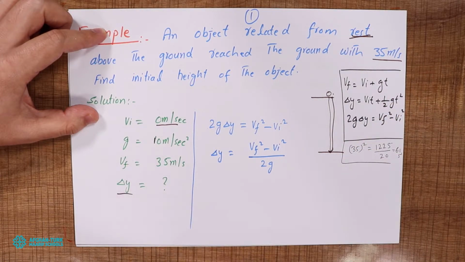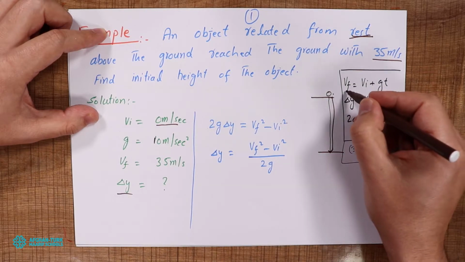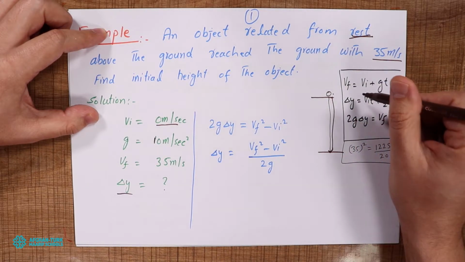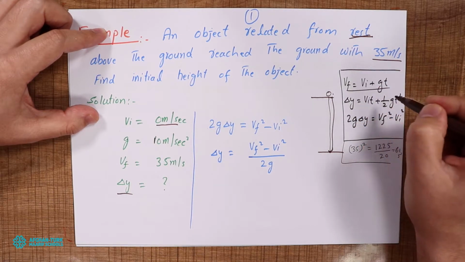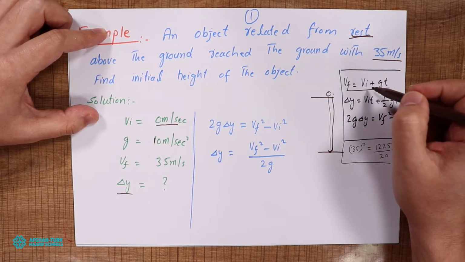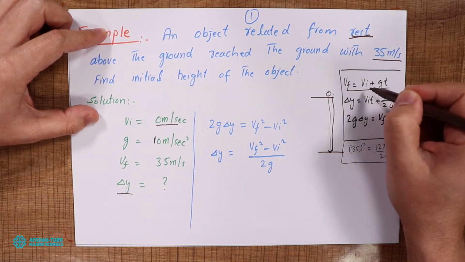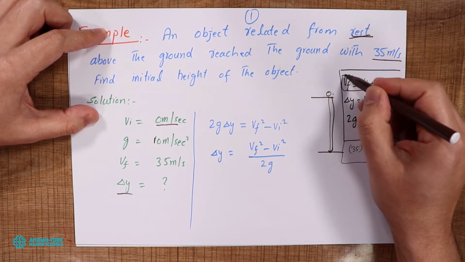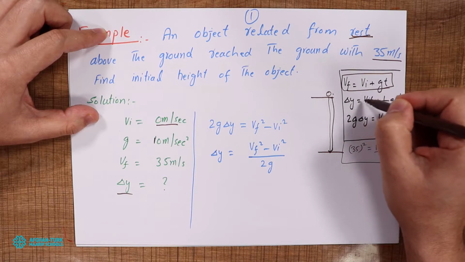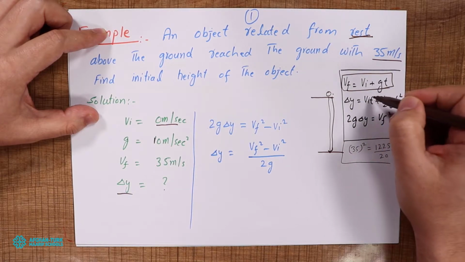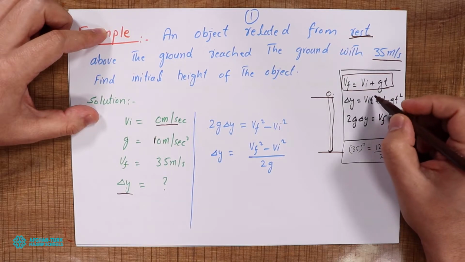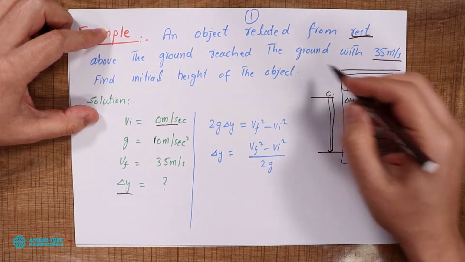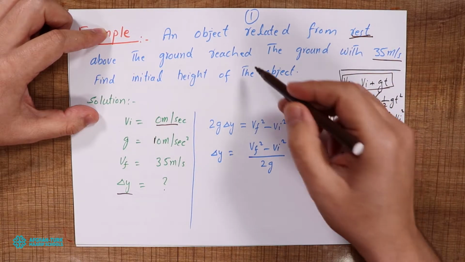So find the height. In the three equations of motion for vertical motion, if I use the first equation, I cannot use it because there is no height part. And the second equation, if I use this one, the problem is that the time is involved, and in the question we have no time.